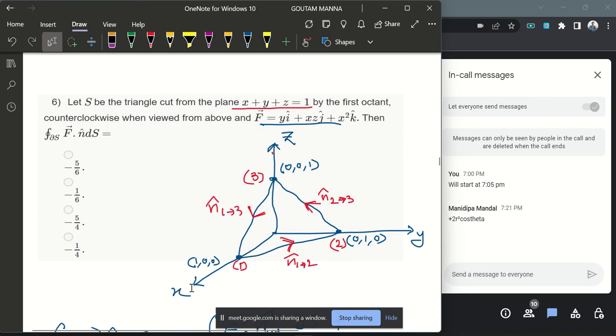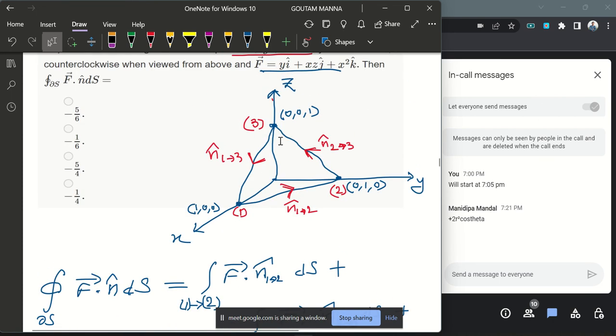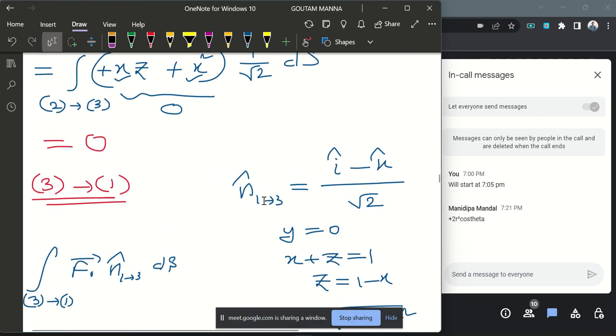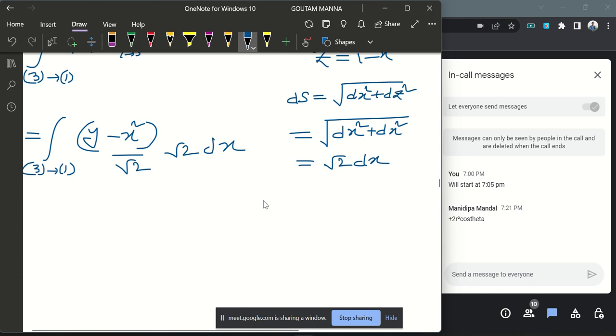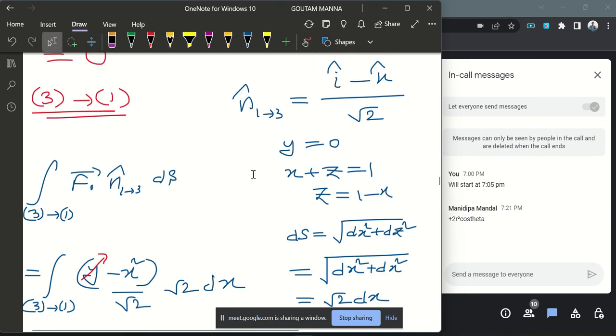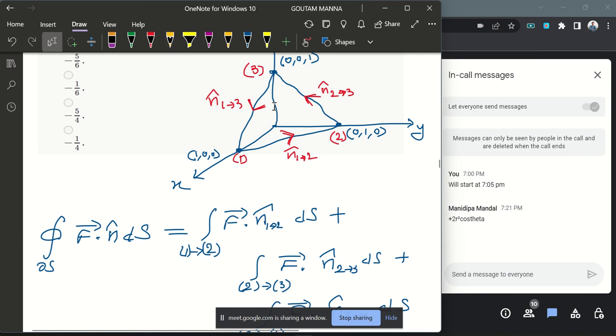Now in this path 3 to 1, we are on this xz plane, so basically y equals 0 for this path. So y will vanish, and what we have is minus the integration of x square dx, and x is going from 0 to 1.